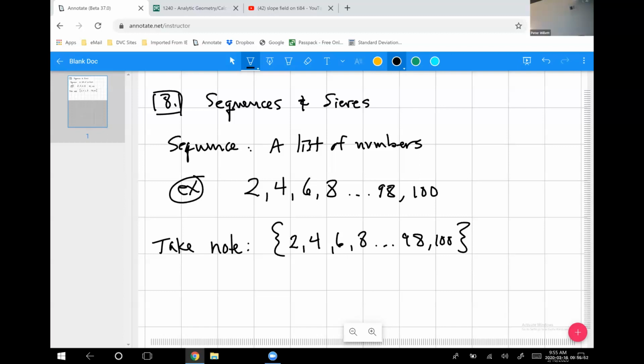There's a first item, there's a second item, there's a third item, and that's why I referred to this in the beginning as a list of numbers. So a list of numbers suggests that order matters, that the order in which the items appear is as important as the values themselves of the numbers. Whereas in sets, order doesn't matter.